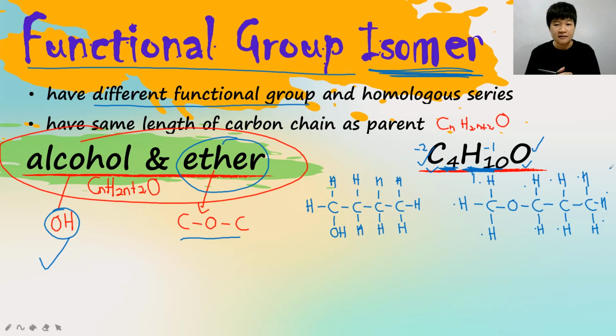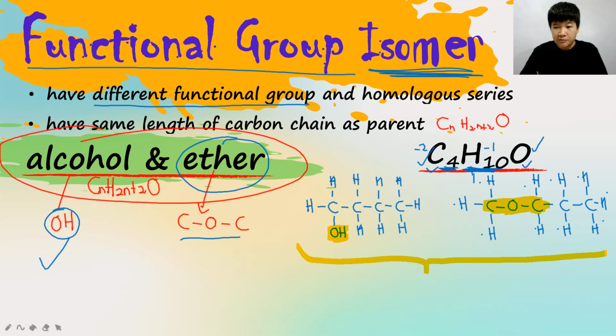Complete. See that? And what is changing over here, guys? The functional group. OH on the first isomer, COC on the second structure. So between them, they are called functional group isomers.